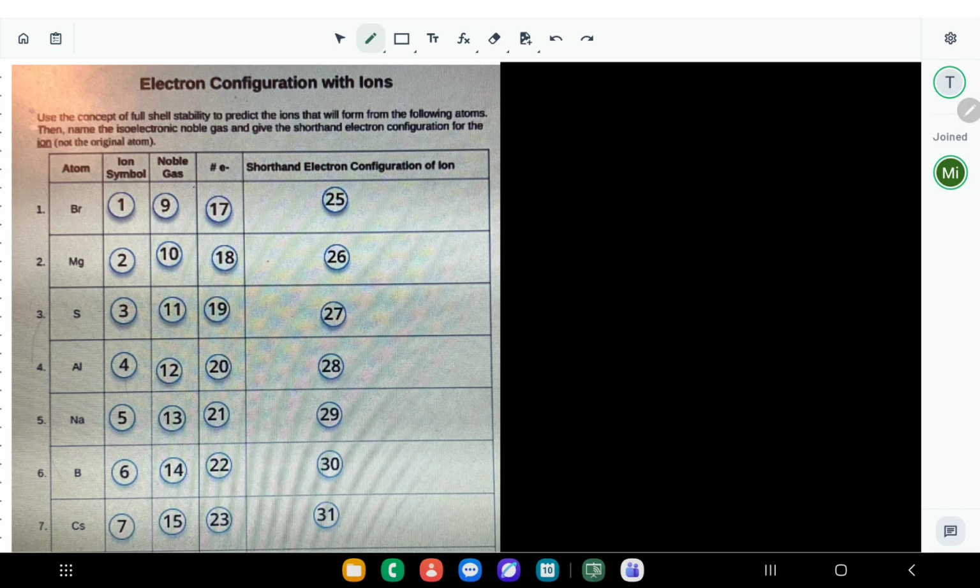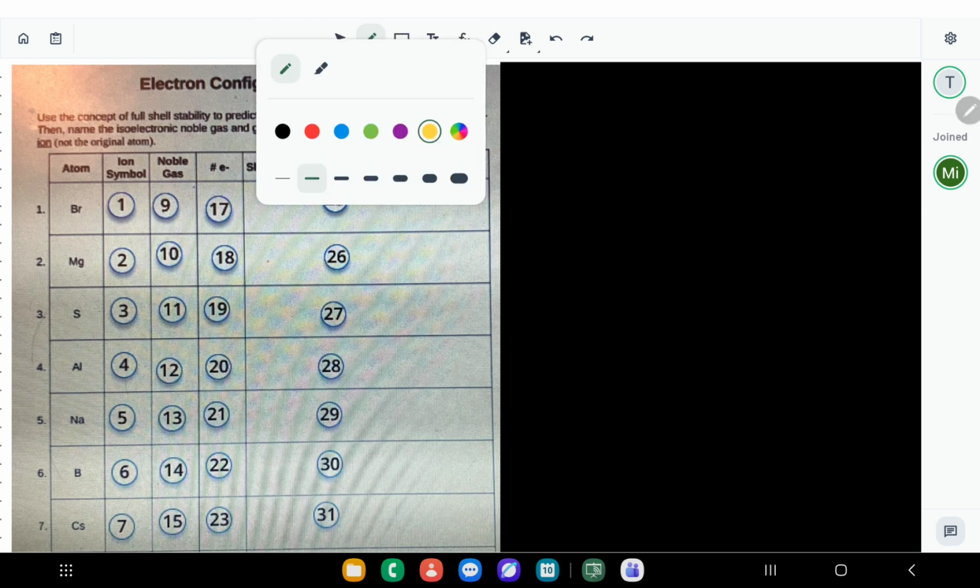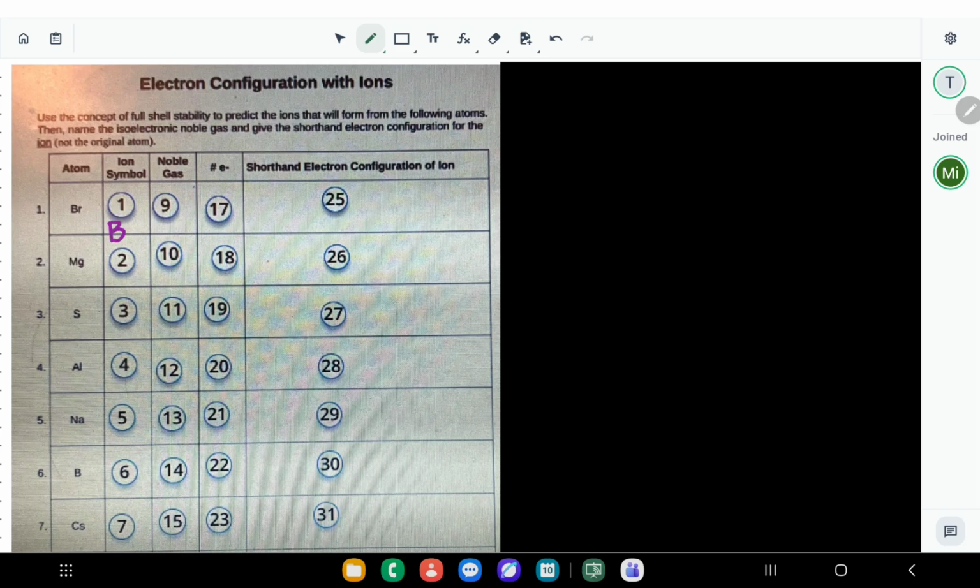For the ion symbol, the atom is bromine, so it will become bromide, right? What is the charge of bromide? Br -1. Then magnesium, +2. Then sulfur. Sulfur is the sulfide ion, so S -2.